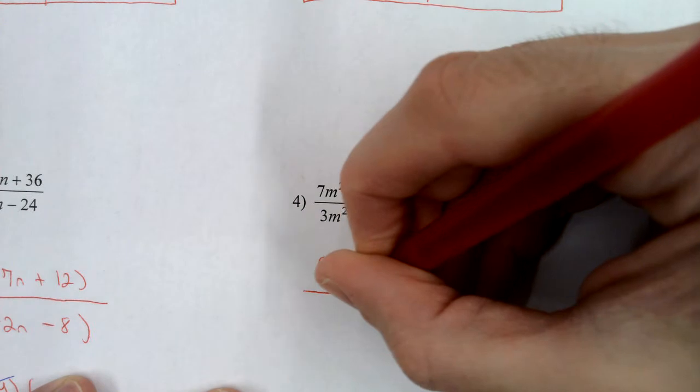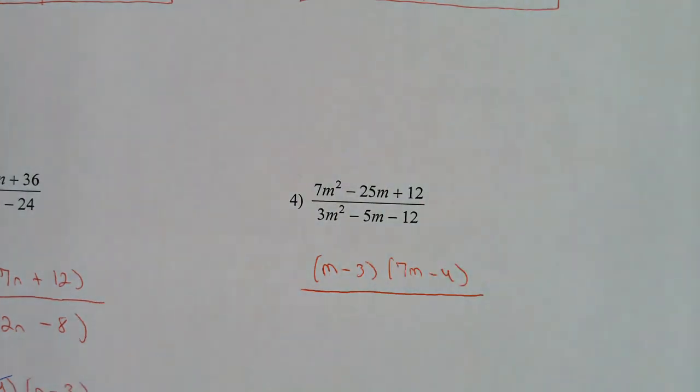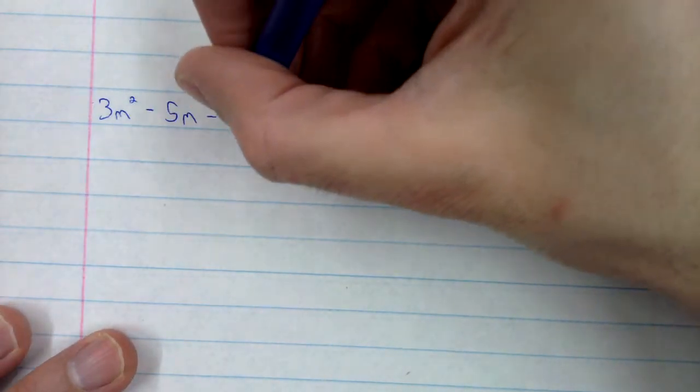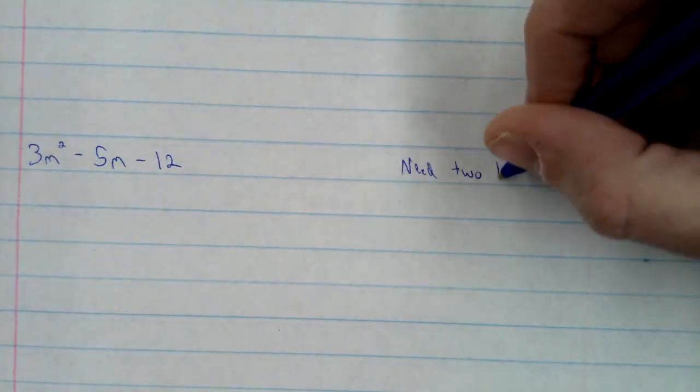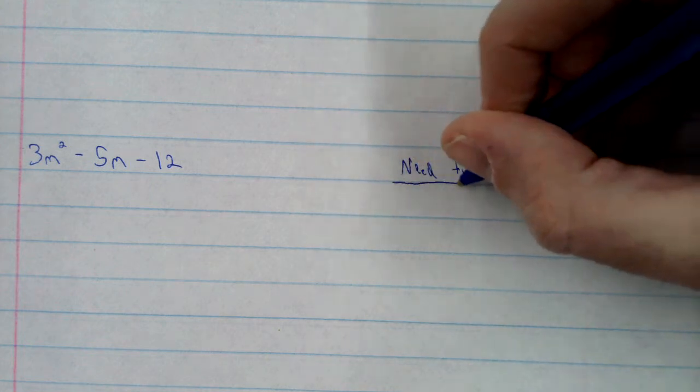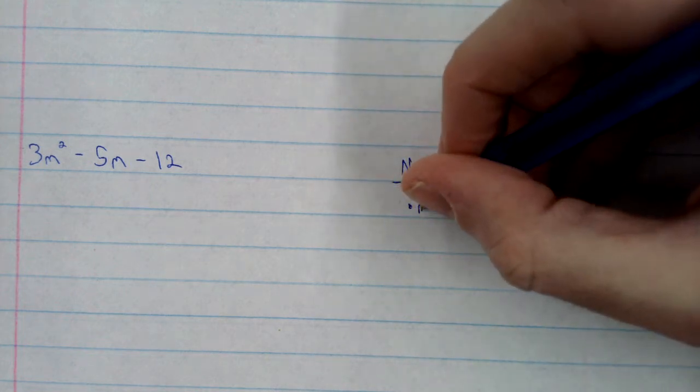Okay, now let's factor the denominator. 3m squared minus 5m minus 12. You need two numbers that multiply to negative 36.